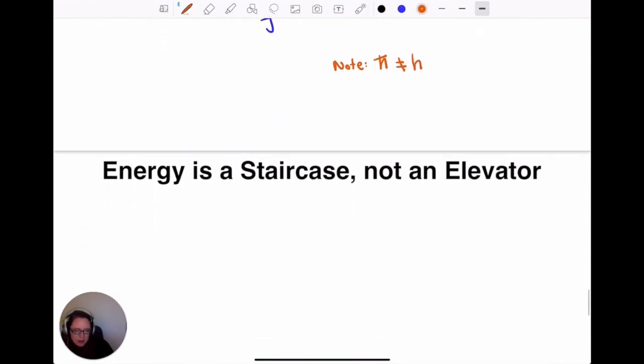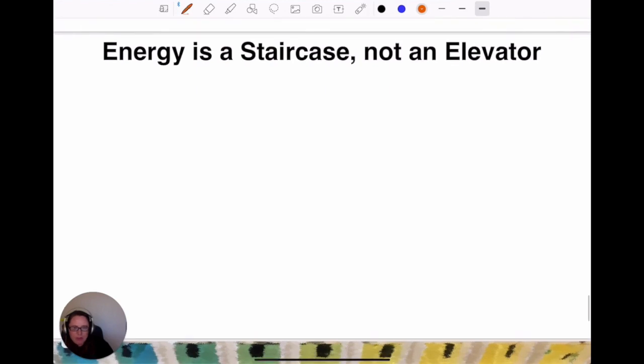Okay. So if we think about energy, just any type of energy on a scale, it's not going to behave like an elevator or a ramp. It's always going to be like a staircase. So in terms of the energy scale, we don't just continually increase.